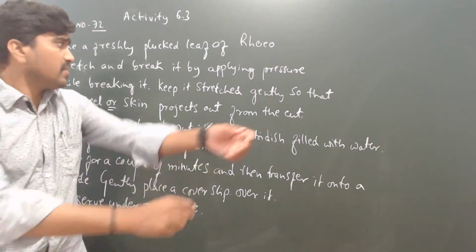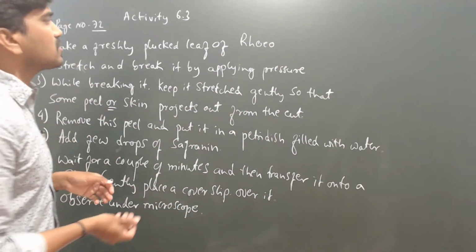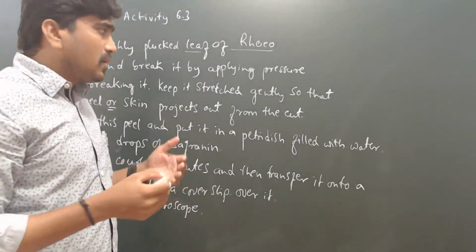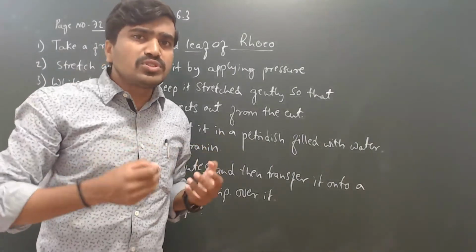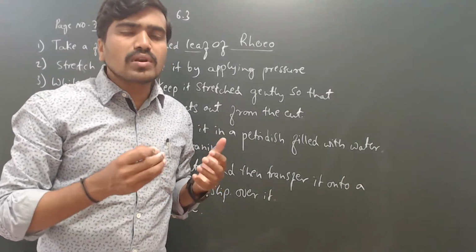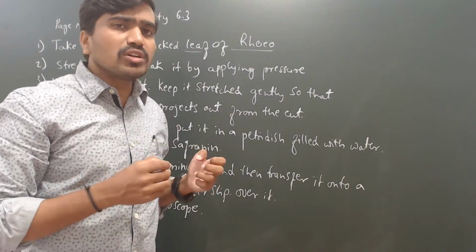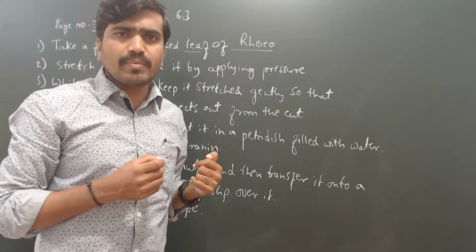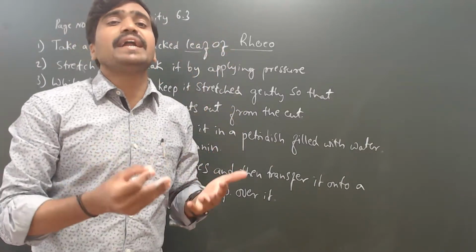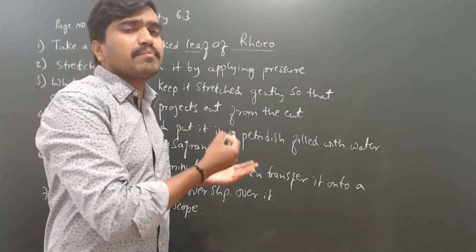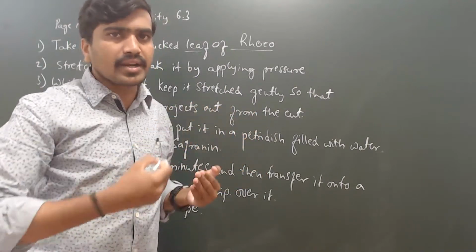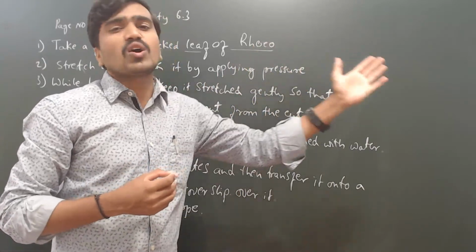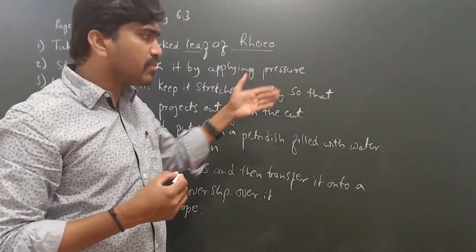Let's see here the main steps. Take a freshly plucked leaf of Rhoeo. We need a leaf because we need to observe some cells, how they look under the microscope. So we need some part of the plant. Why? Because we are studying plant tissues, the types like meristematic: apical, lateral, intercalary. When it comes to permanent, again two types: simple and complex. Simple means parenchyma, collenchyma, sclerenchyma.